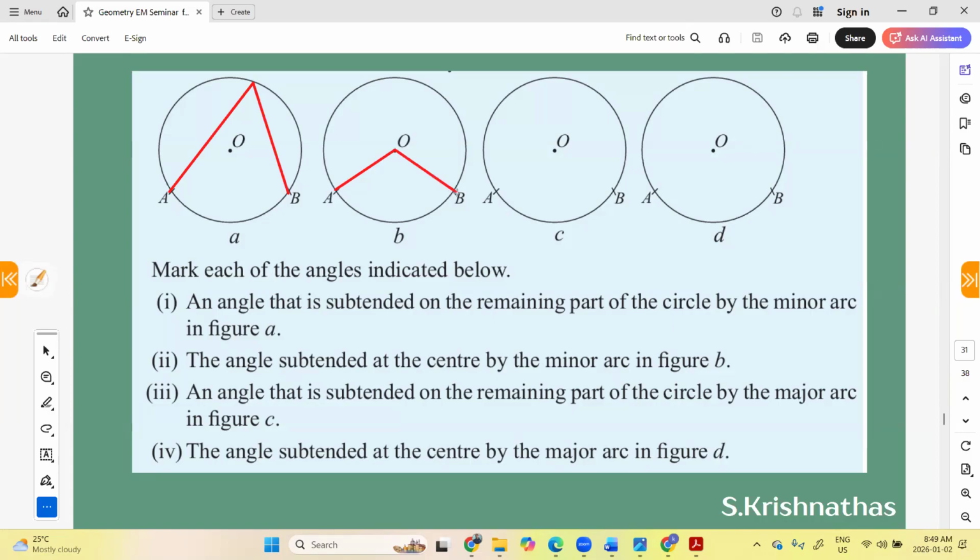The angle that is subtended on the remaining part of the circle by the major arc. Students, the major arc subtended angle is at the remaining part of the circle. Then the major arc subtended angle at the center. All of you check one more time. Here, this is the minor arc subtended angle at the remaining part of the circle.